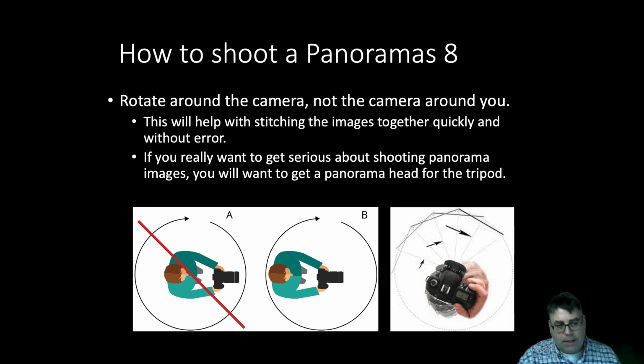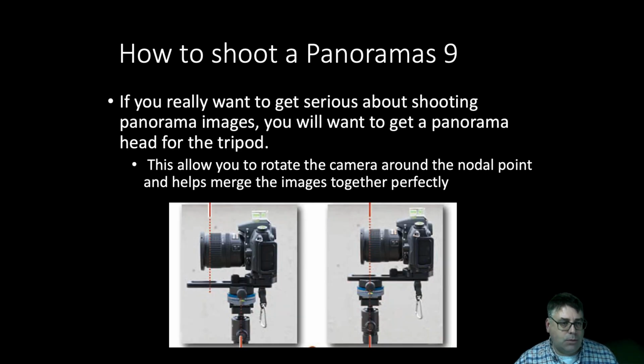And here, I talked about it here. You might want to get a panoramic head for your tripod, which will rotate around. And that's this next one here. So if you are really serious about shooting panoramas, you might want to get a piece of equipment that does this.